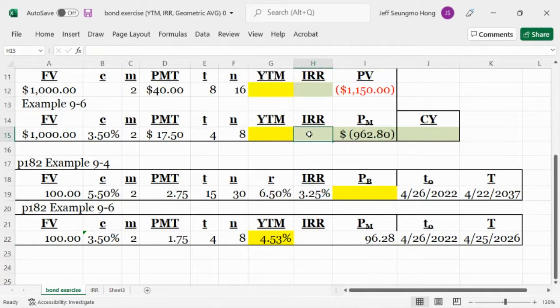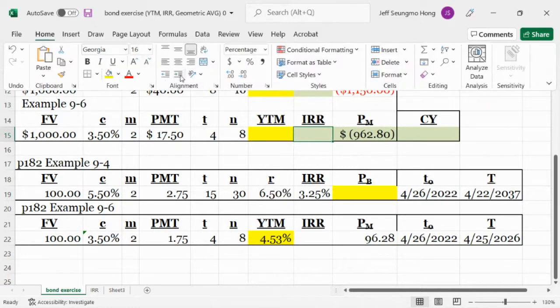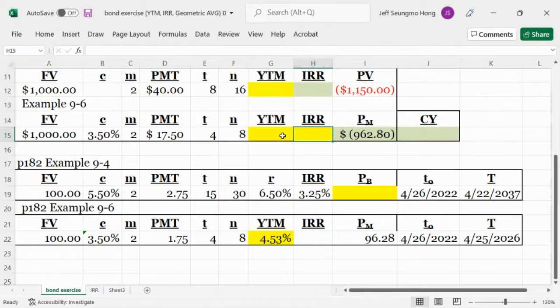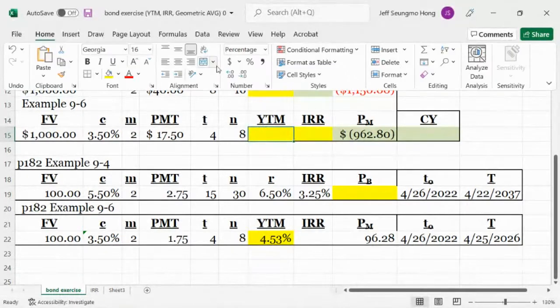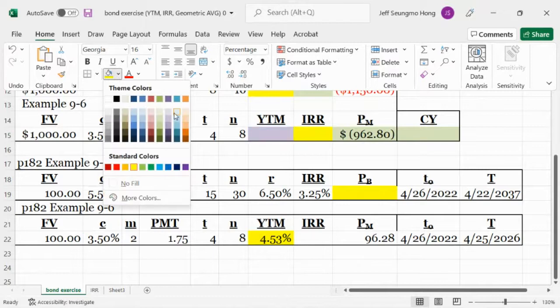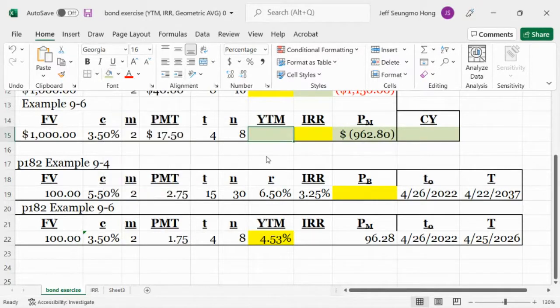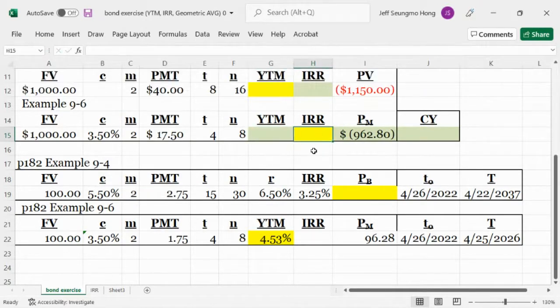So here, first we need to do this first. Now we know what to do.